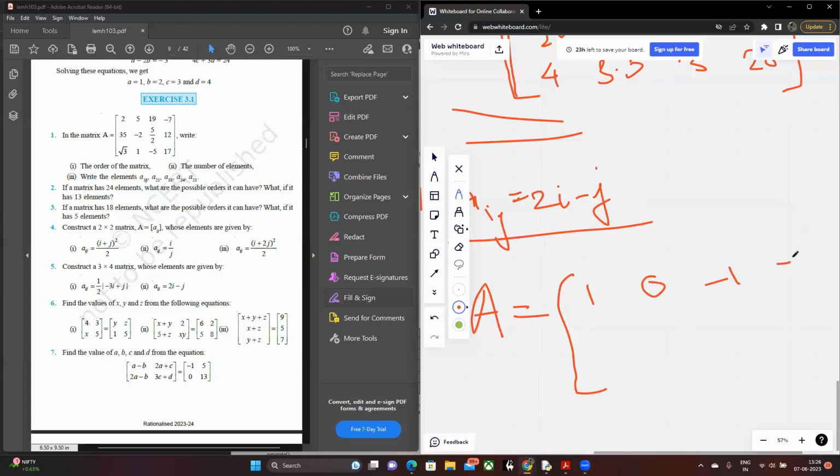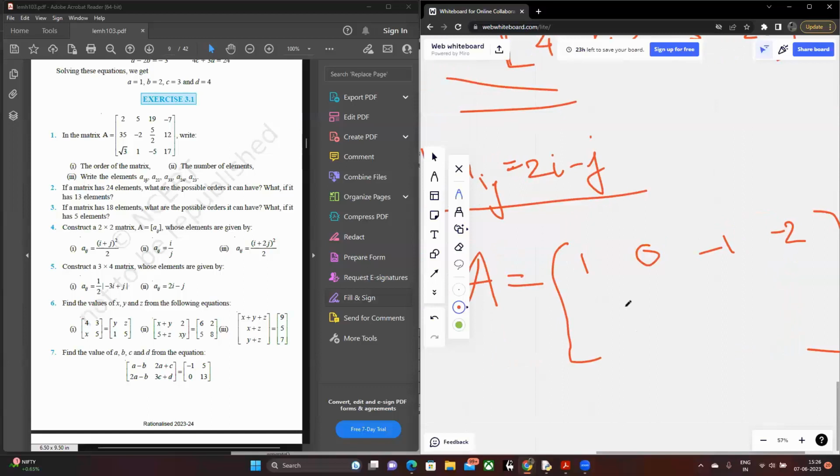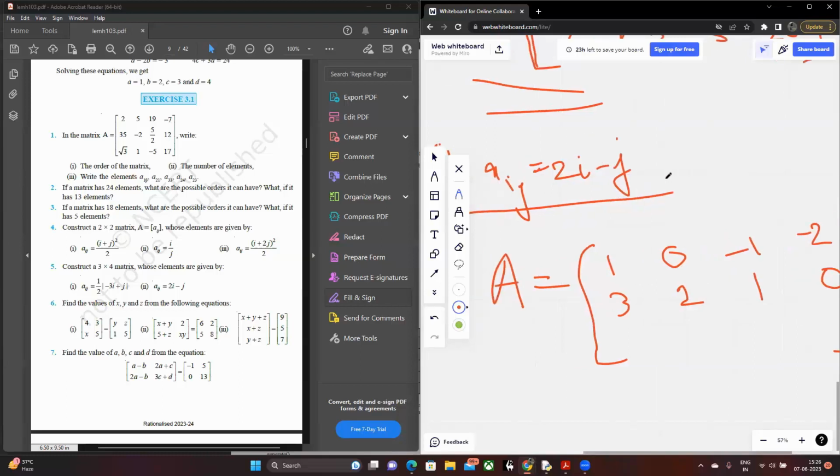This is going to be minus 1, and this is going to be minus 2, right? Over here, A21 is going to be 4 minus 1, that is 3, this is 2, this is 1, this is 0, right?